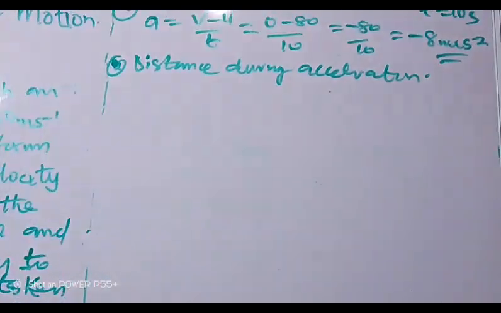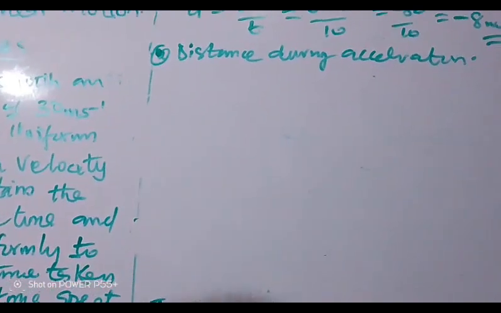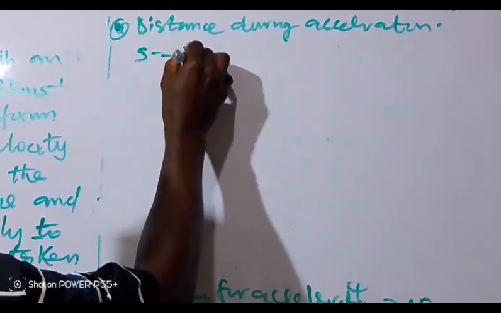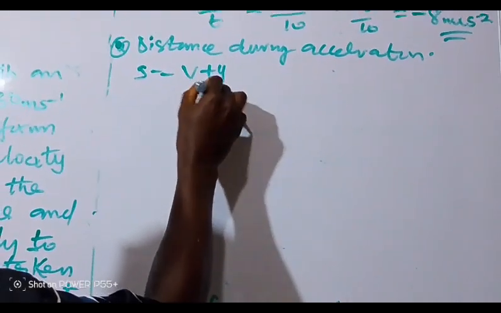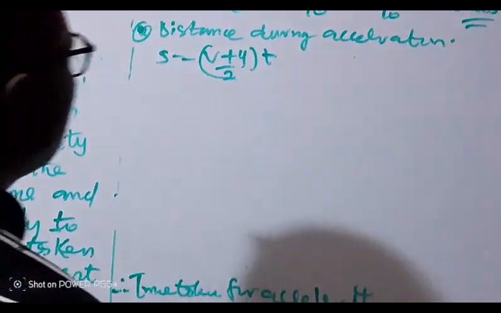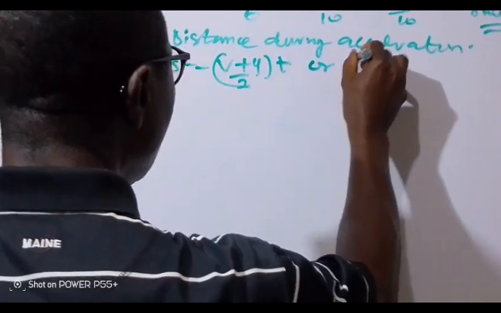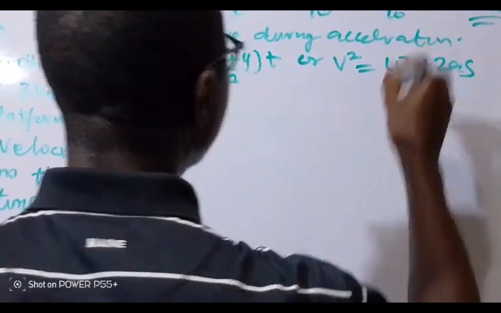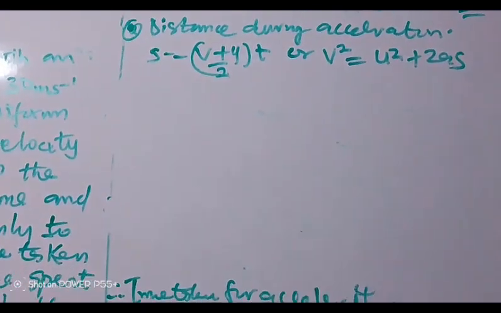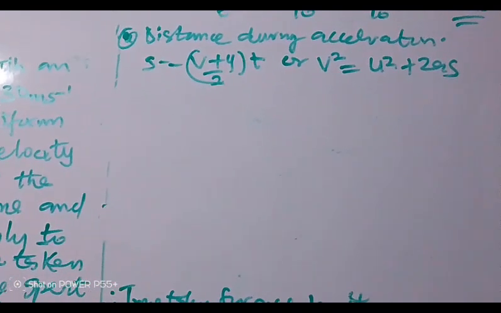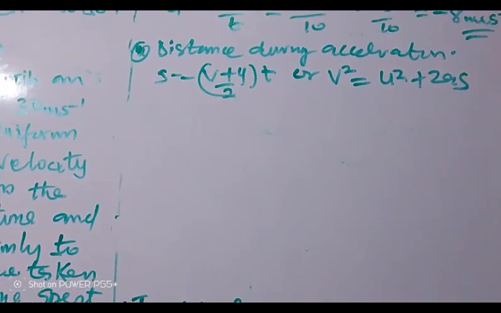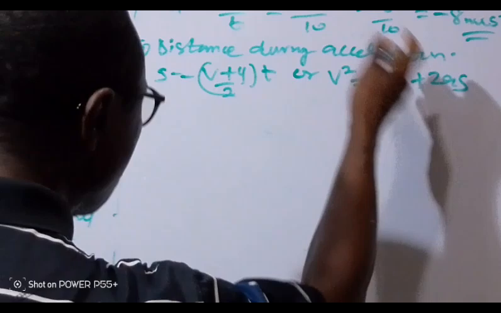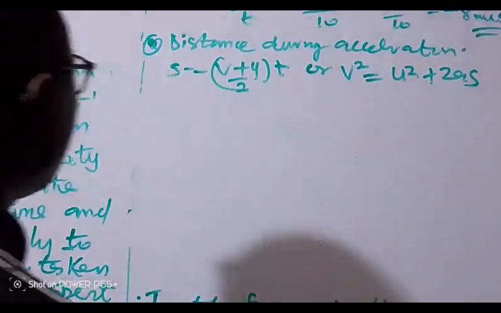We know T. So we can use either S is equal to (V plus U) over 2 into bracket T, or V squared is equal to U squared plus 2AS. If you use these two formulas, we are going to get the same answer. Let's stick to one. You can use the other to try it again, and we are going to see that we arrive at the same answer.